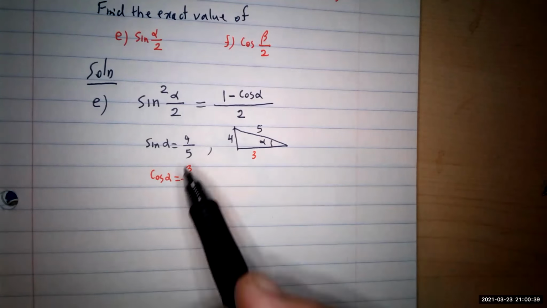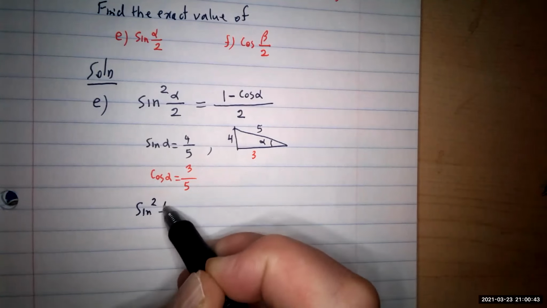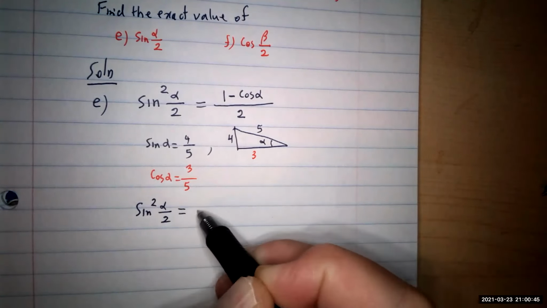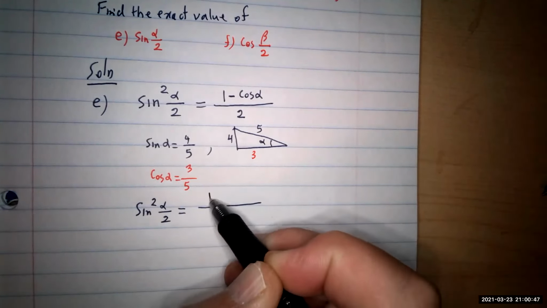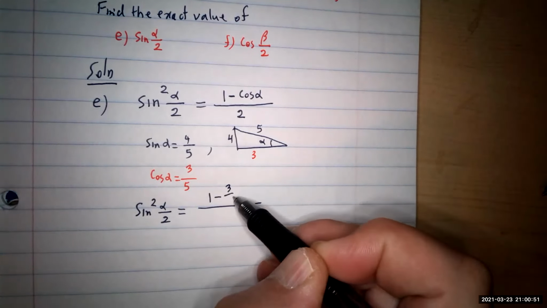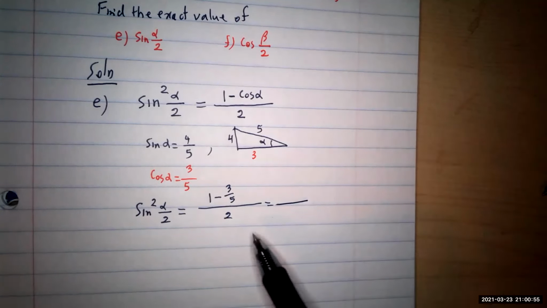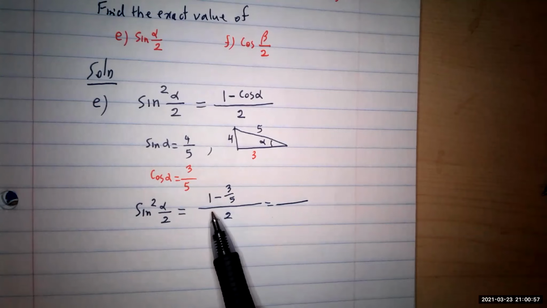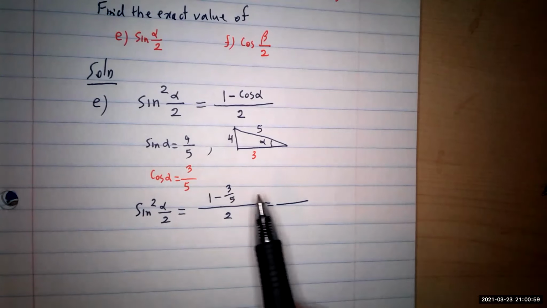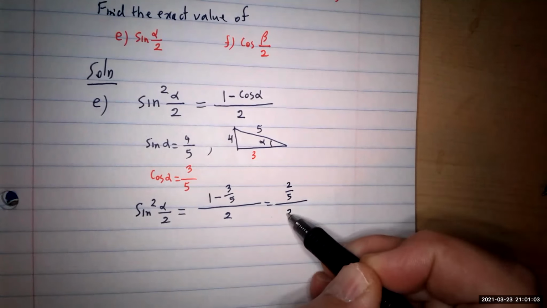Okay, now we go back. So we have the sine squared of alpha/2 equal to 1 minus cosine of alpha, which is 3/5, over 2. Simplify on the top. It's like 5/5 minus 3/5, so that gives you 2/5, and this is over 2, 2 over 1.